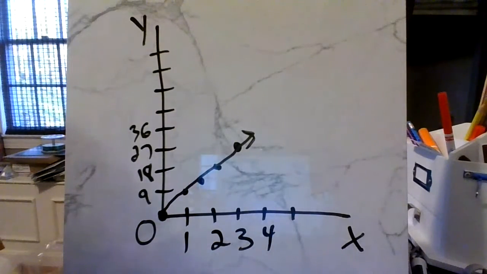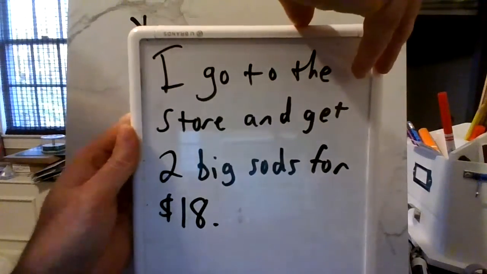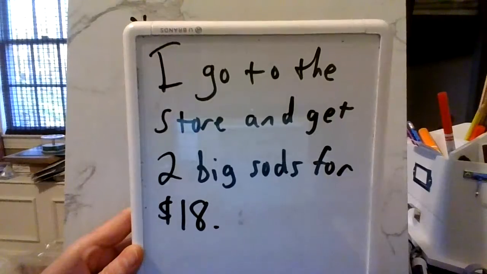So let's say, and I'm going to write this out while I'm talking, I go to the store, and I'm going to use my two original numbers, and get two big sodas, real big sodas, for $18. I go to the store and I get two big sodas for $18.